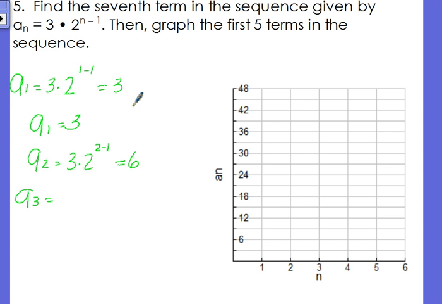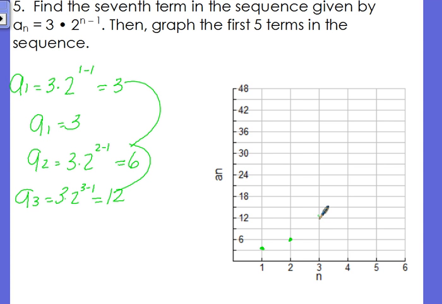Find my third term. So the first term is 3, my second term is 6, my third term is 2 squared, which is 4, 4 times 3 is 12. So you'll notice from here to here it doubles, and from here to here it doubles, so I've got a geometric sequence because it is multiplying by a common ratio.